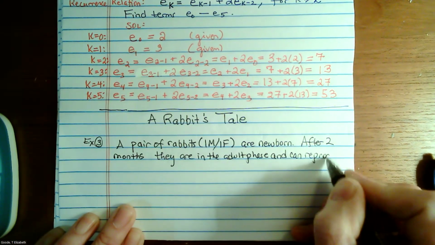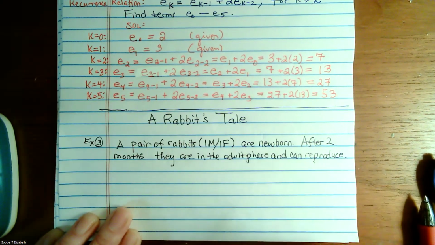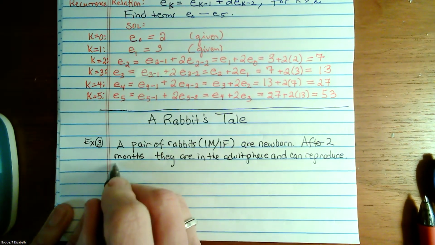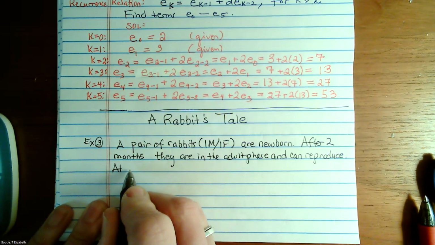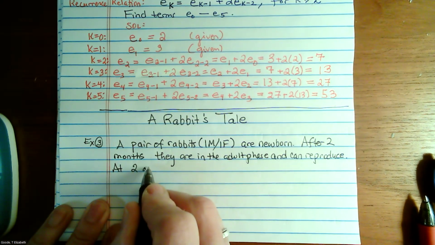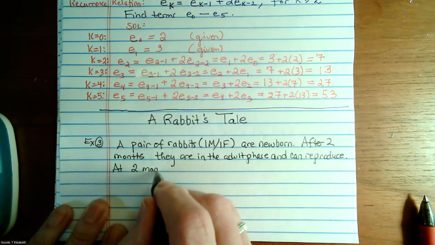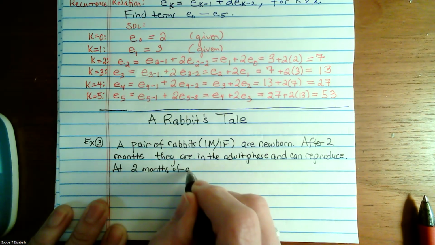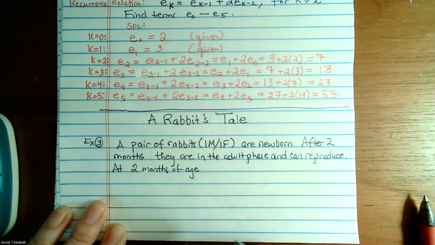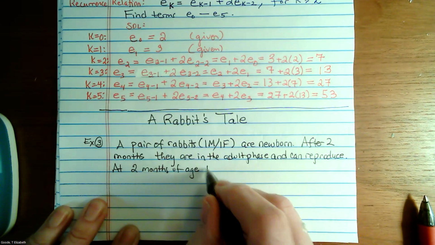All right, but here's where the toyness comes into this problem. Here's how they reproduce. At 2 months of age, they have one pair of baby rabbits.